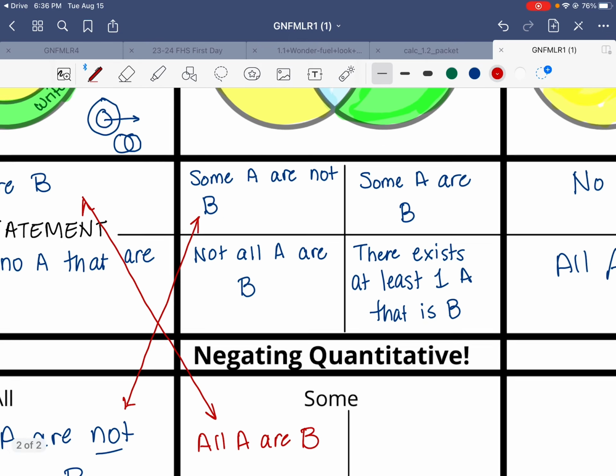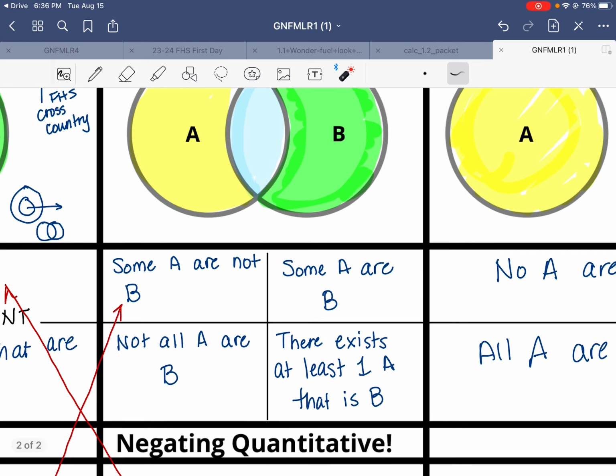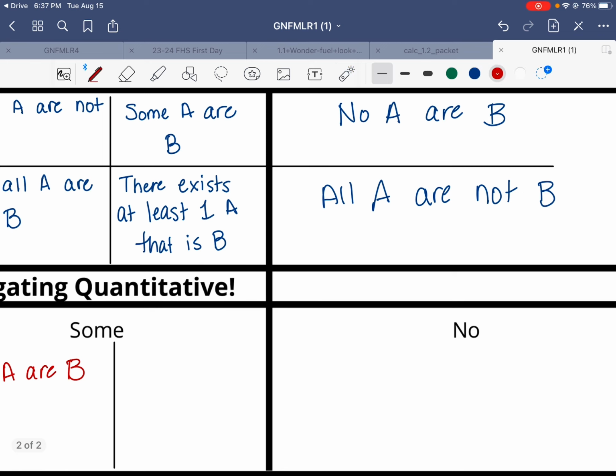Now we also have a some that's talking about this overlap period. So what we just did was this part. Now what we want to do is tackle this inside part. Well, we know that there's an overlap there. We are magically going to have that same overlap. So this is going to go here, and this is going to go here.